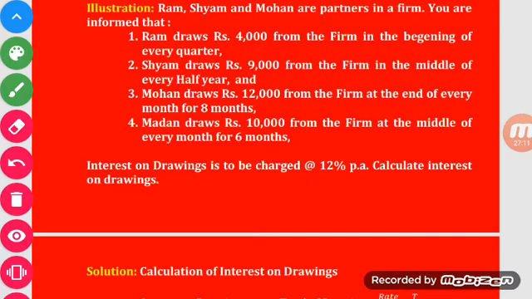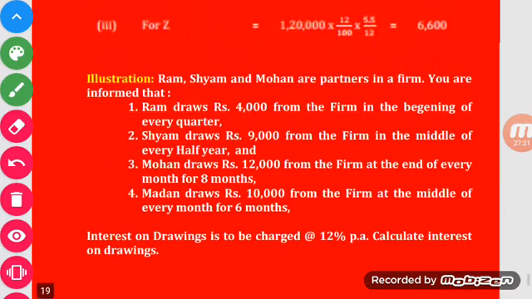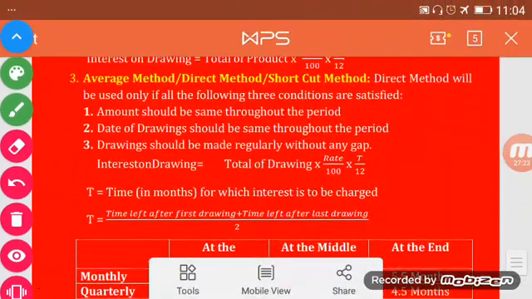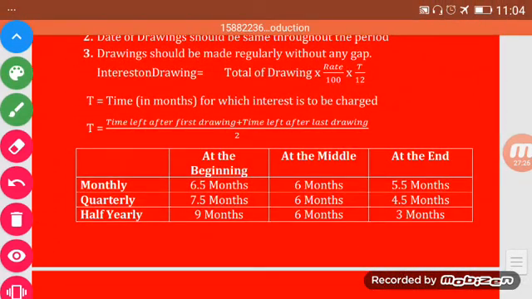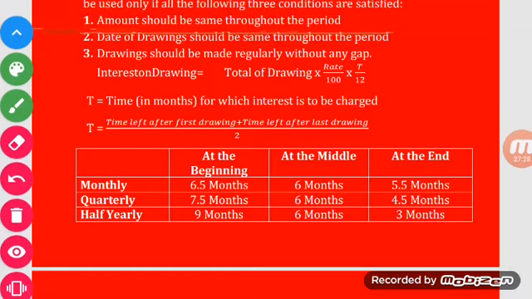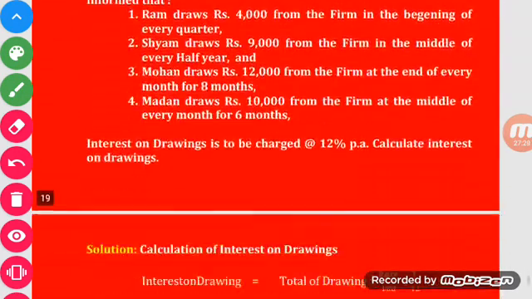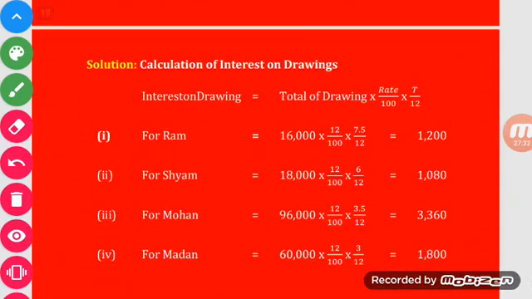Calculate interest on drawing. So condition number first, Ram draws rupees 4,000 from the firm in the beginning of every quarter. So average 7.5 months interest will be calculated at the beginning of every quarter. So here, interest on drawing, he withdraws in a year 4 quarters.